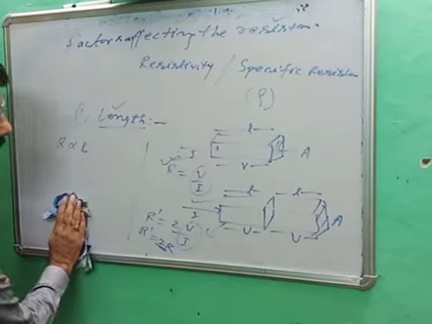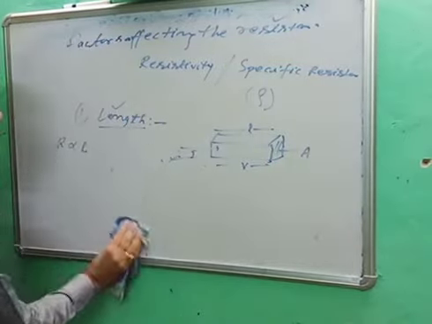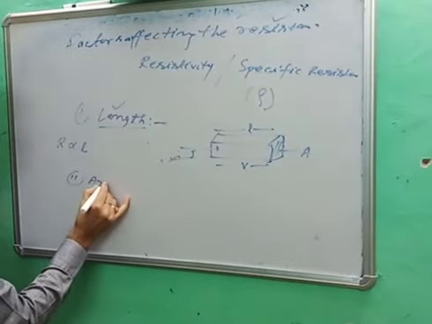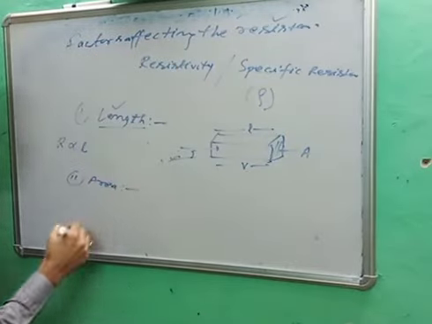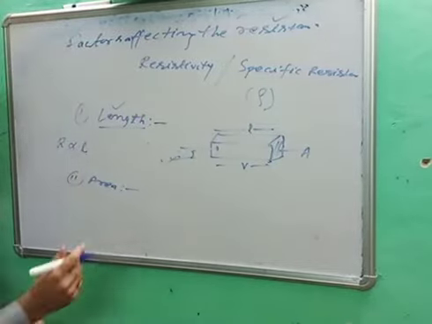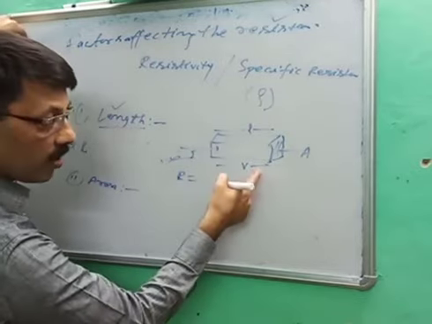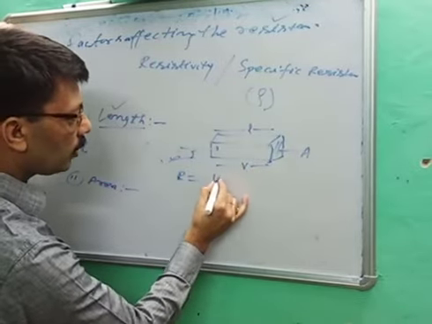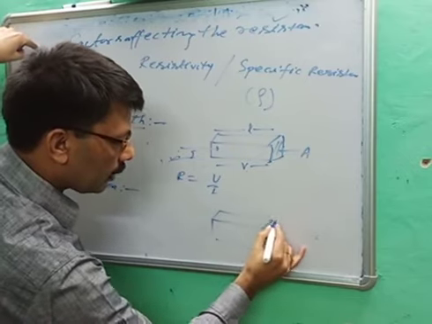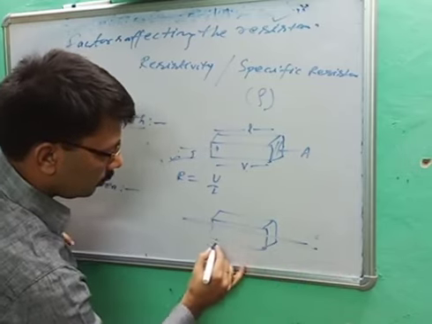The second factor is area. In your NCERT book it is simply given, but we can describe it by this method. So let's suppose resistance R is equal to V upon I. For the same conductor, if we cut it from the middle, what happens?